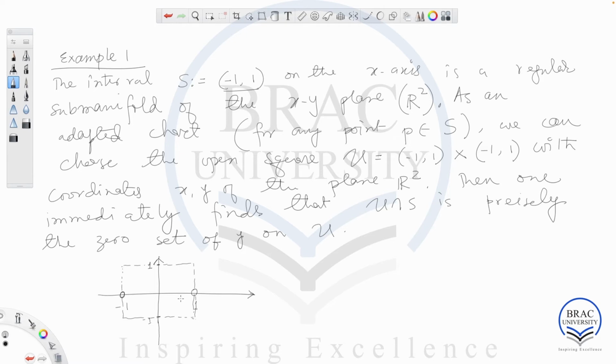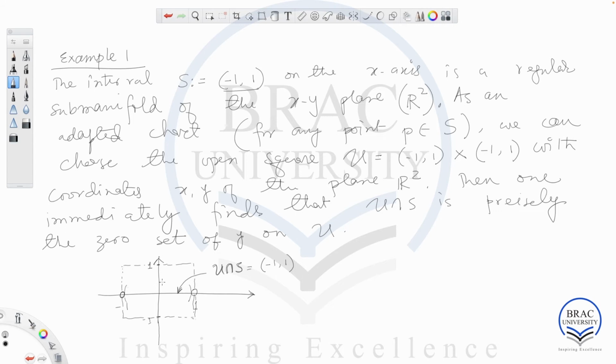Check that this open subset, minus 1 to plus 1, is actually U intersected with S. And this is the maximal region on which this y coordinate vanishes identically.